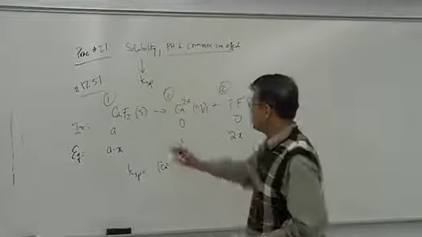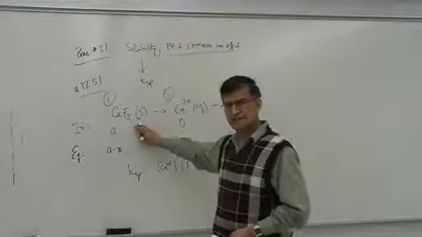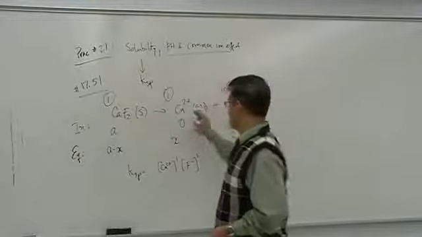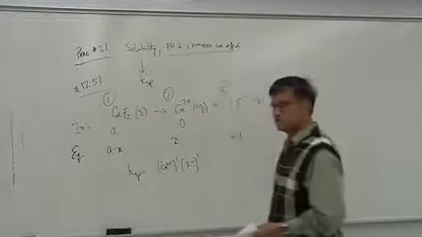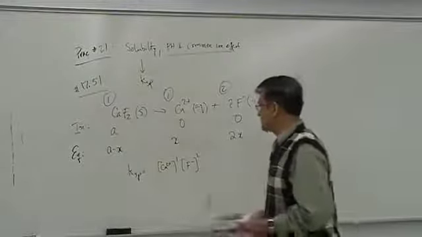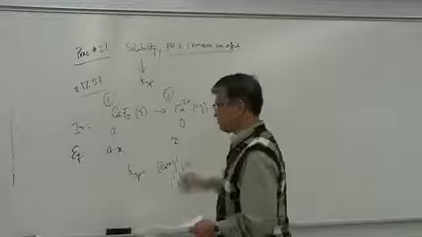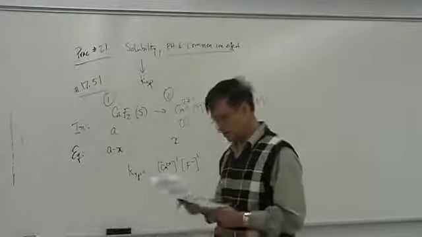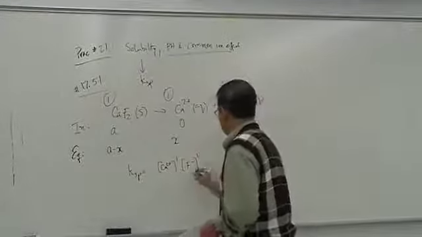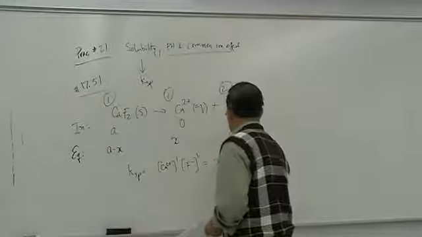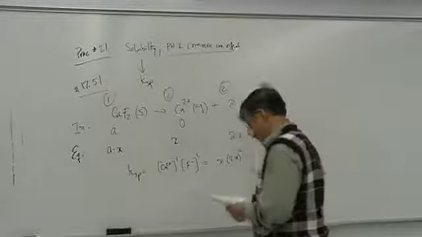At the bottom, ignore this. This is a solid. If a solid is mixed with an aqueous solution, just ignore the solid. It's a heterogeneous equilibrium. Or a pure liquid mixed with aqueous, you ignore that pure liquid. So now I can plug in these numbers, X times 2X whole squared. So we get 4X cubed.